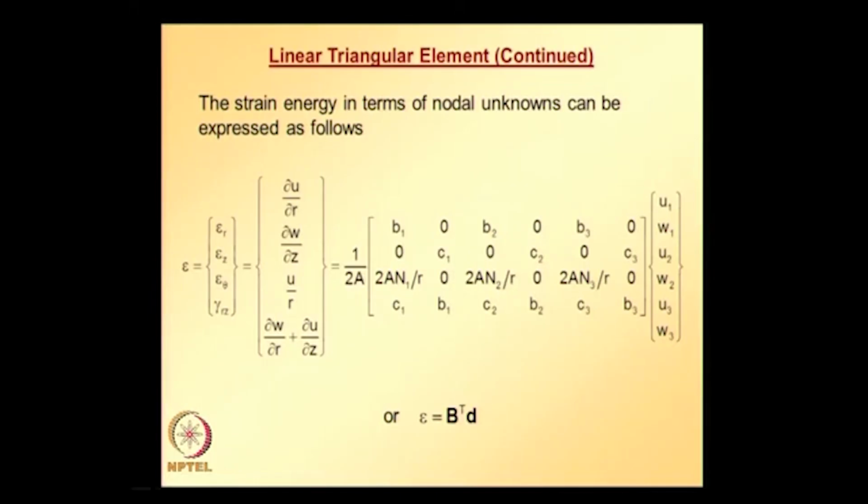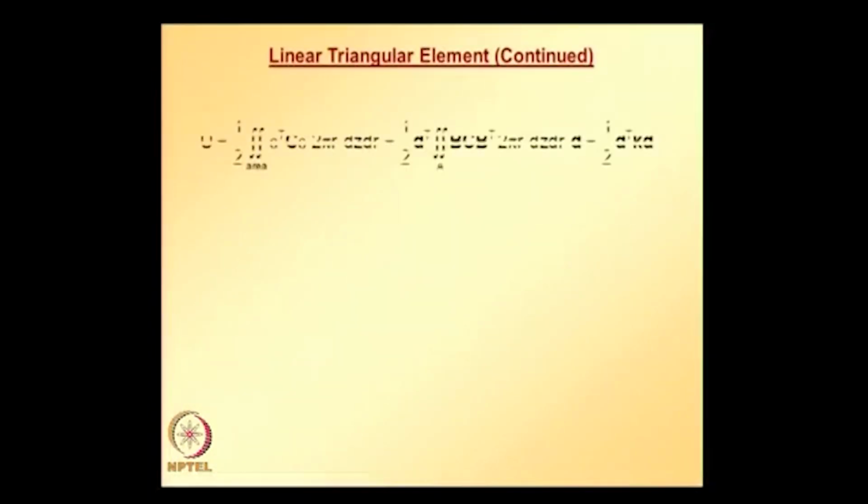we need to plug this information into the strain energy definition, and this is by definition strain energy for axisymmetric problem. Substituting epsilon is equal to B transpose d, we can further simplify this like the way it is shown there, where K is the element stiffness matrix.